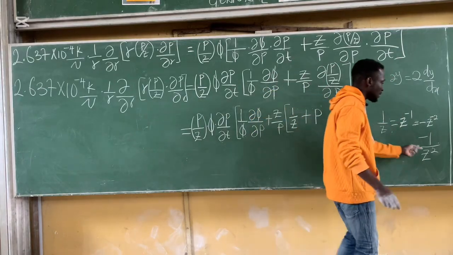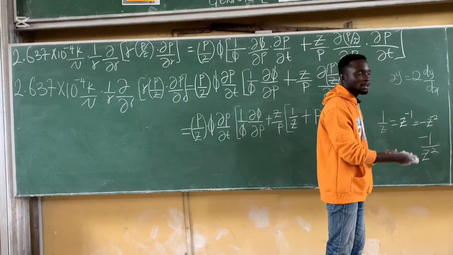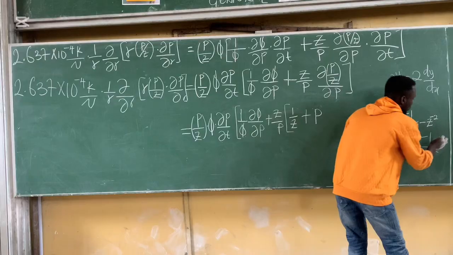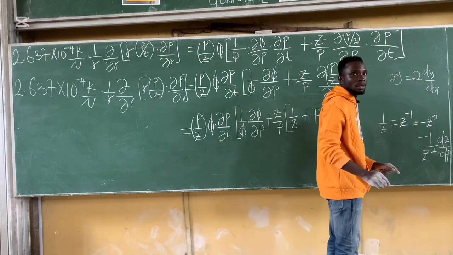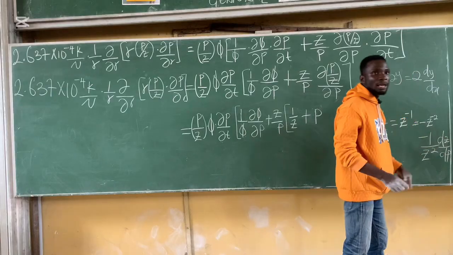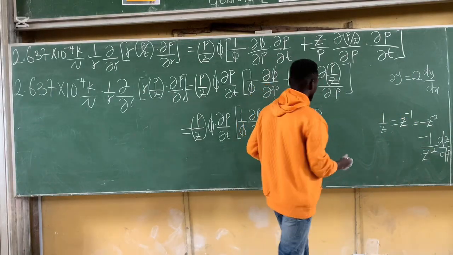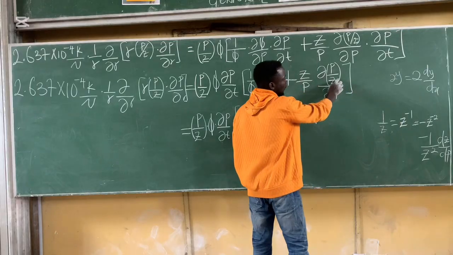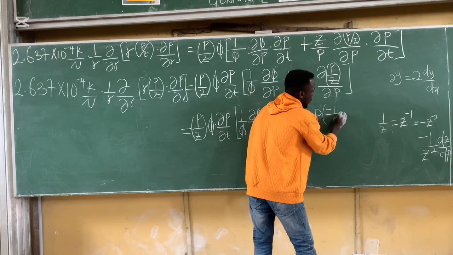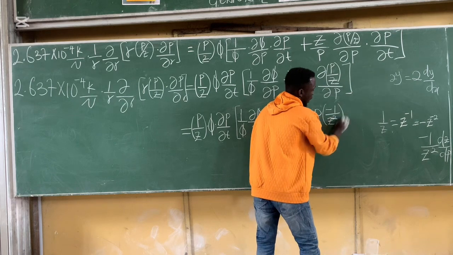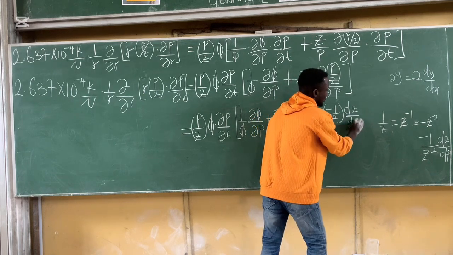So if you are differentiating z here, you have to differentiate z implicitly. If you differentiate z, you have to add dz over dp to it. So this now is from implicit differentiation. If you differentiate 1 over z here, you are going to have minus 1 over z square dz divided by dp.